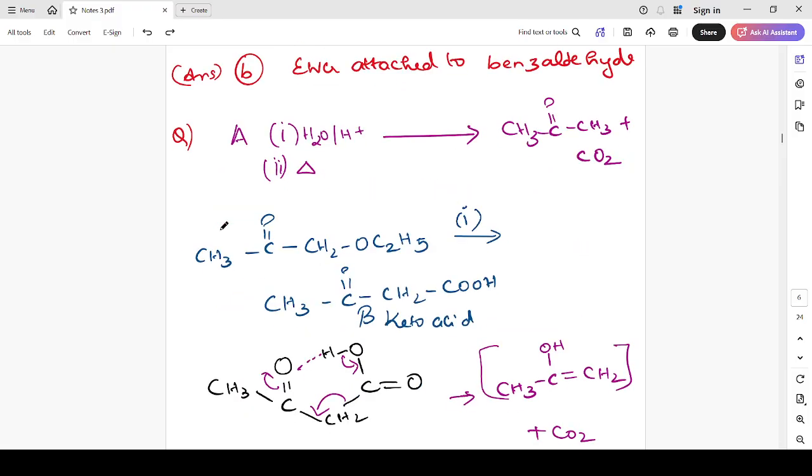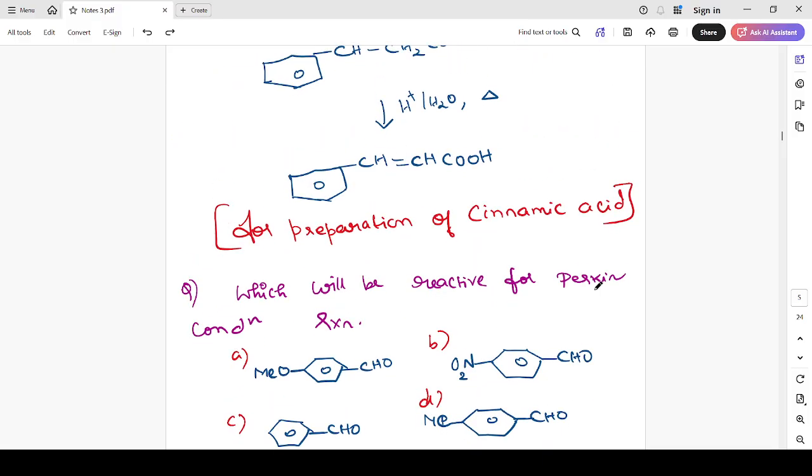The questioner is asking you which will be more reactive for Perkin condensation reaction. O2N, like B. That's the right one here. Because what you're going to attack is a carbanion. That means you're attacking with a nucleophile.